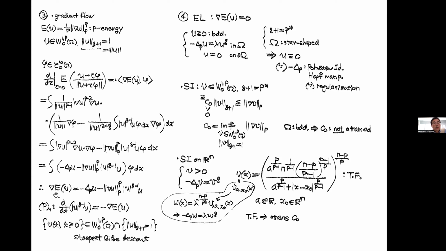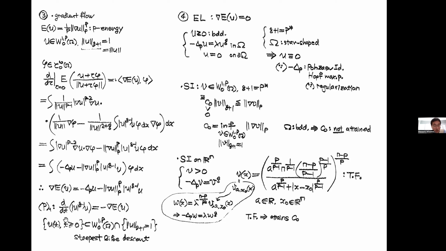So we can regard the gradient vector field of the p-energy as minus p-Laplace u minus p-energy times |u|^(q-1) u. So the first line of our equation is regarded as such an ODE in the Sobolev space, satisfying the volume constraint.